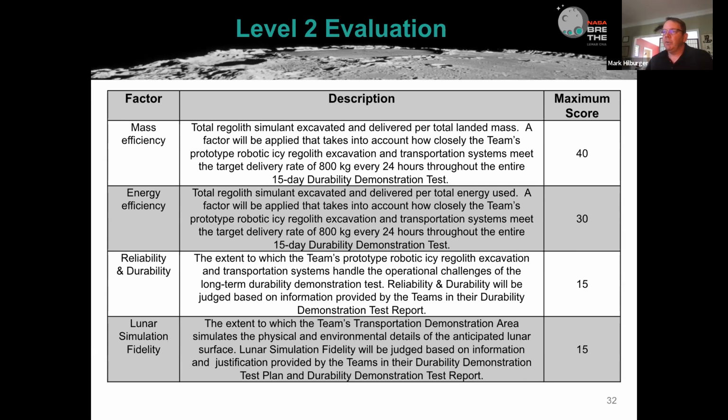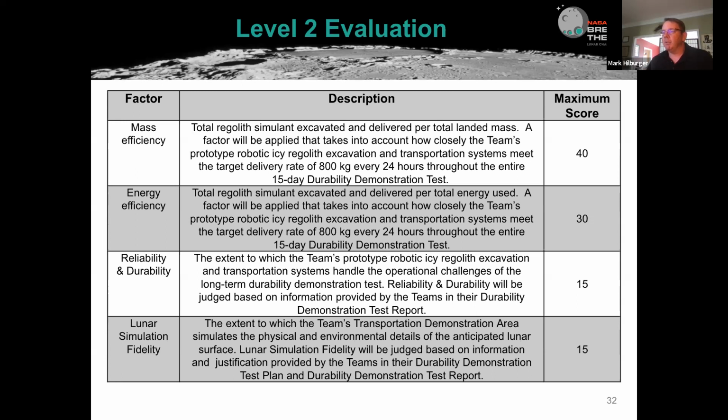And finally, lunar simulation fidelity. This is the extent to which the team's demonstration area simulates the physical and environmental details of the anticipated lunar surface. And here again, we're leaving it up to the teams to develop and justify their simulated surface for their testing.